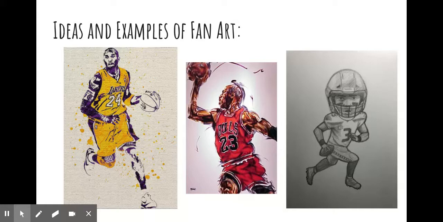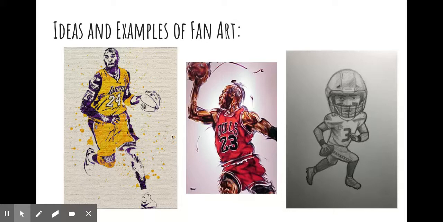Some examples and ideas of fan art: it could be a sports figure. There's a lot of Kobe Bryant fan art out there, Michael Jordan and Russell Wilson you see here. And I picked these because they all have different styles. So you'll also want to think about what kind of style you use to make your fan art unique. On Kobe Bryant's, you can see that they used some watercolor or ink type of material, and you can really tell that it's a painting still.